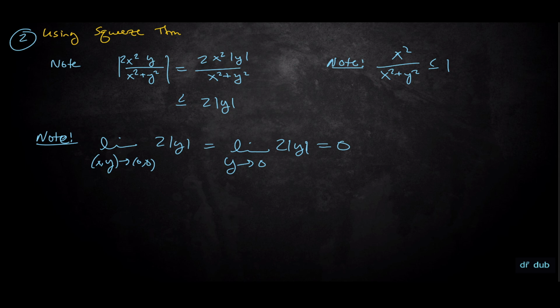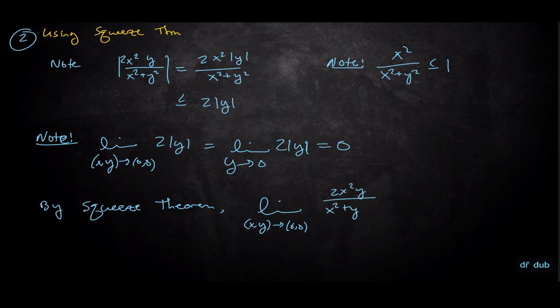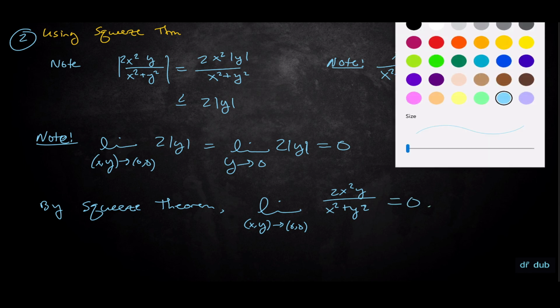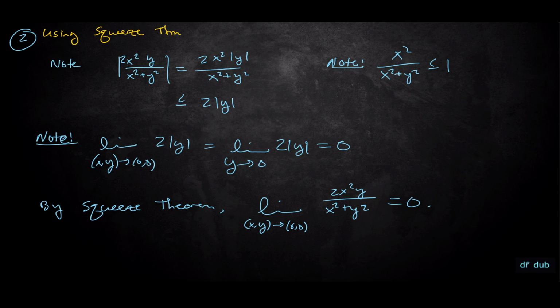So by the squeeze theorem, the limit as (x,y) goes to (0,0) of 2x squared y over x squared plus y squared is equal to 0. So, 2 approaches: one using the definition, one using the squeeze theorem.